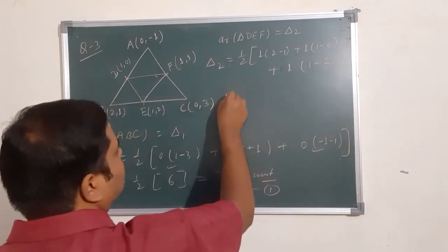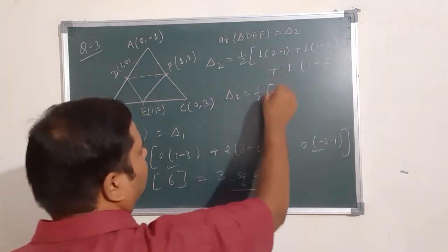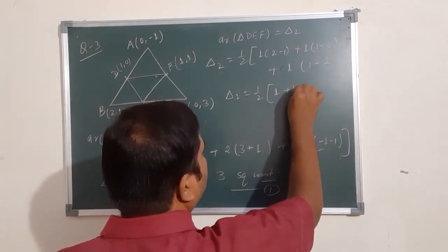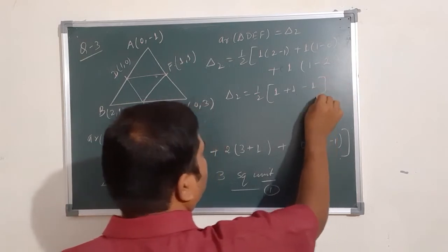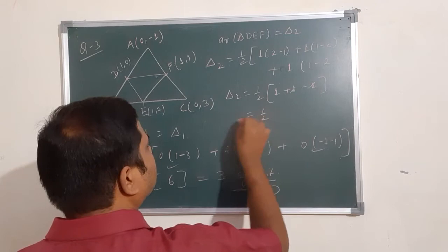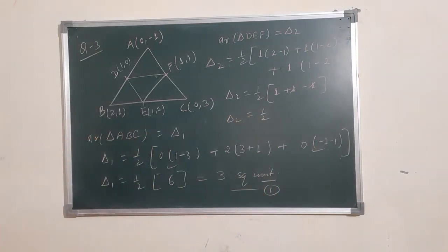So delta 2 becomes 1 by 2 times 1 plus 1 and minus of 1. So this is cancelled out. So simply this is 1 by 2. So delta 2 is equal to 1 by 2.